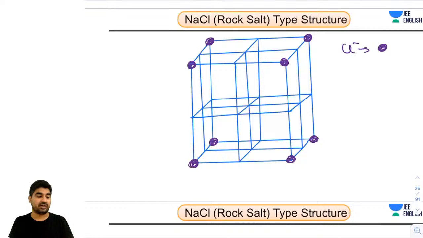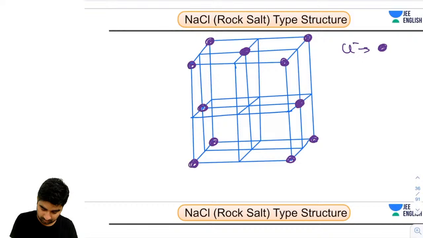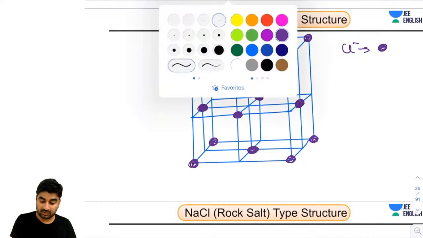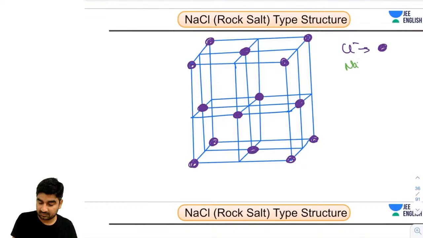And chloride ions will also occupy all the face centers. 6. So where will be the Na plus ions, guys? Na plus ions will be present in octahedral voids.